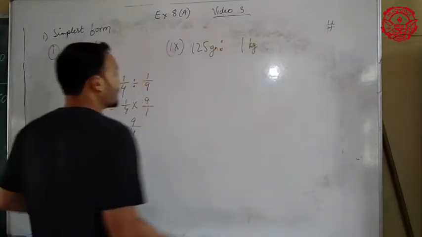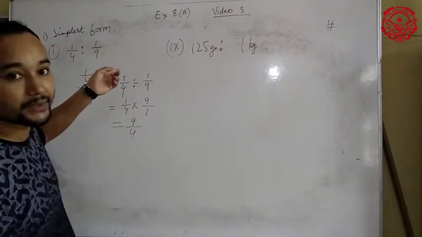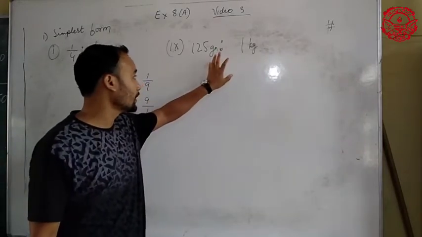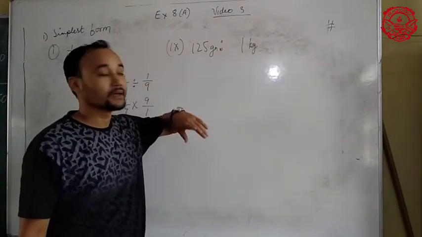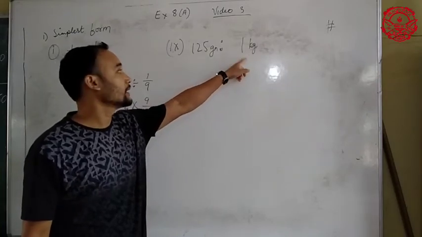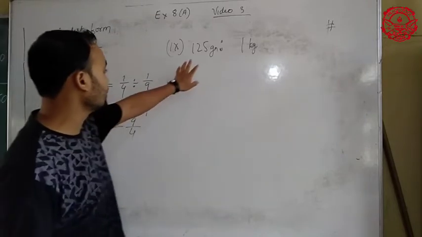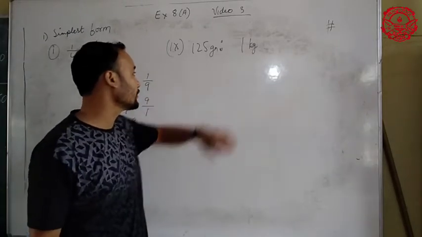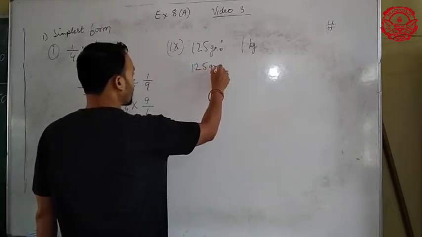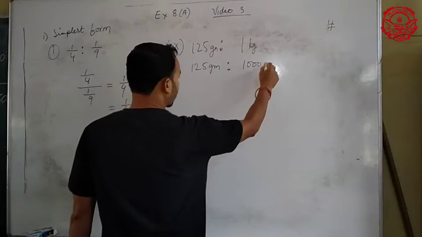Both are in different units. I told you in my previous video that if such type of questions come, then you convert them into one unit. Either we convert gram into kg, or kg into gram. It will be much easier if you convert kg into gram. That will be 125 gram is to 1000 gram.